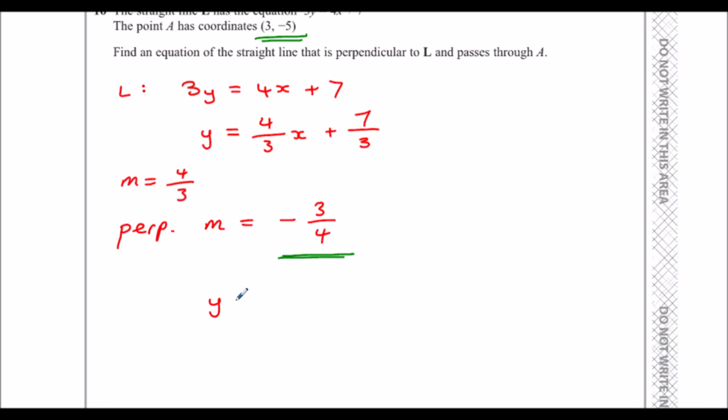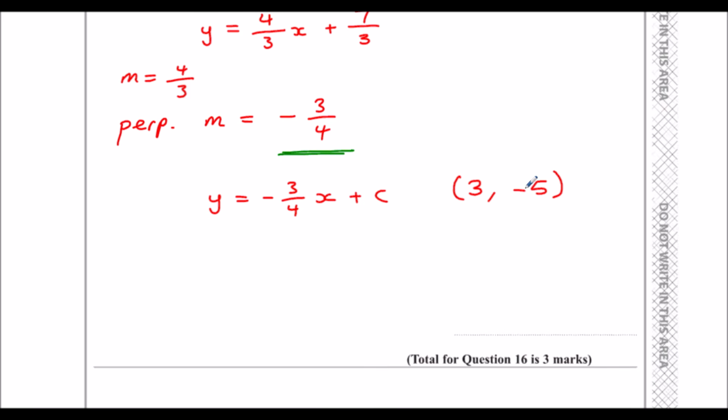So it's going to be y equals -3/4 x plus c. M is -3/4, and x is going to be 3, when y is -5. So we can use these coordinates to find c, to find the y-intercept. So let's substitute these in. Y is -5 when x is 3.